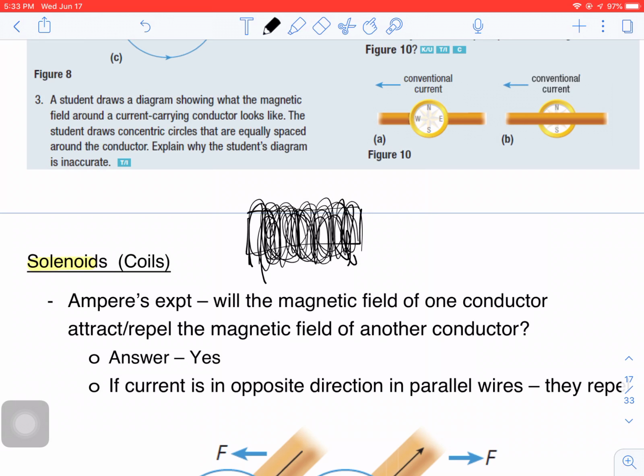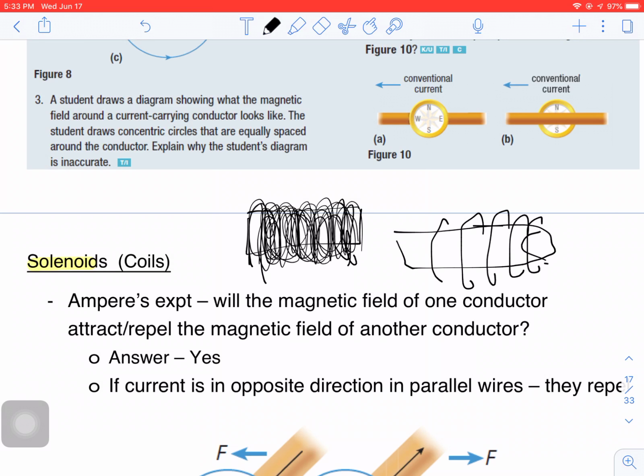So again, if you could imagine taking your finger, putting a fingernail on here, and wrapping a piece of wire around your finger a bunch of times, that would become a solenoid or a coil. Now, in Ampere's experiment, he's trying to figure out if I create a magnetic field around a coil.